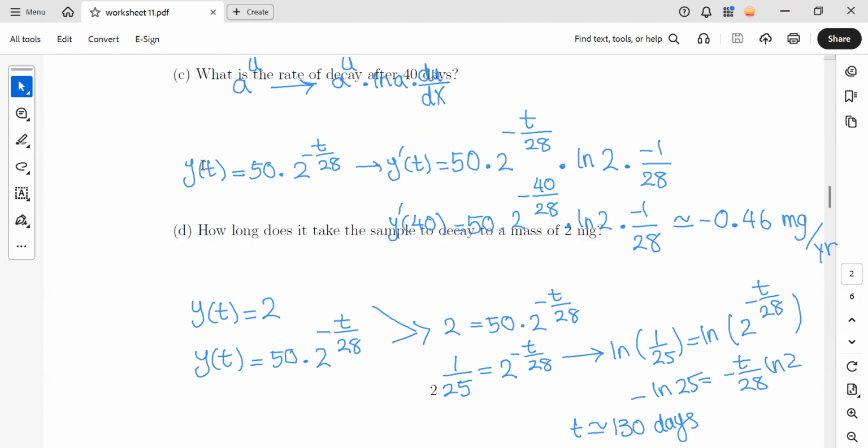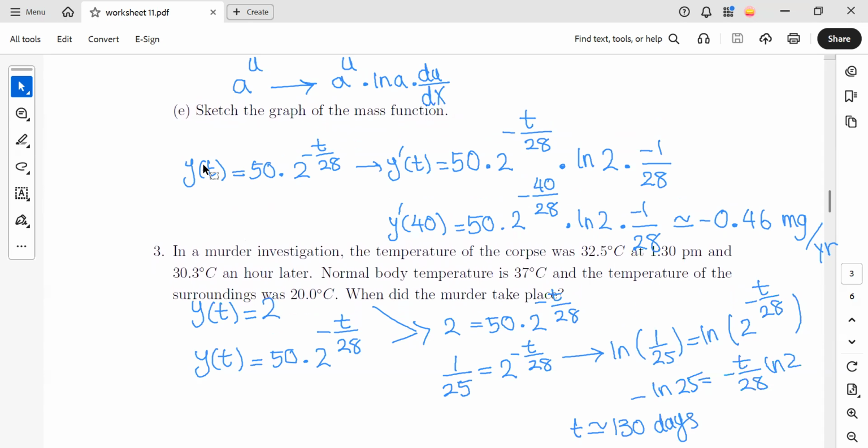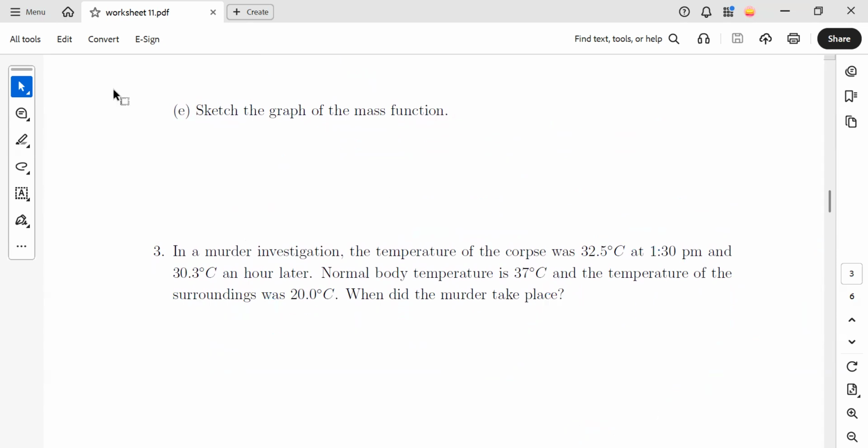Next part is about sketching the graph of the mass function. Based on the information that we had from the question and the parts that we obtained, we have t in terms of days and we have y for milligrams. So it will be starting 0 to 50, let's say 10, 20, 30, and 40 here.